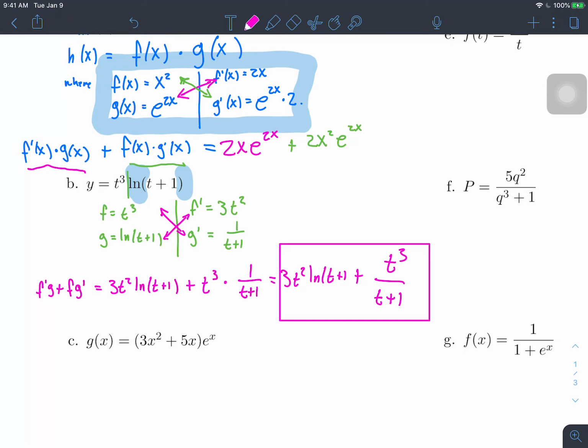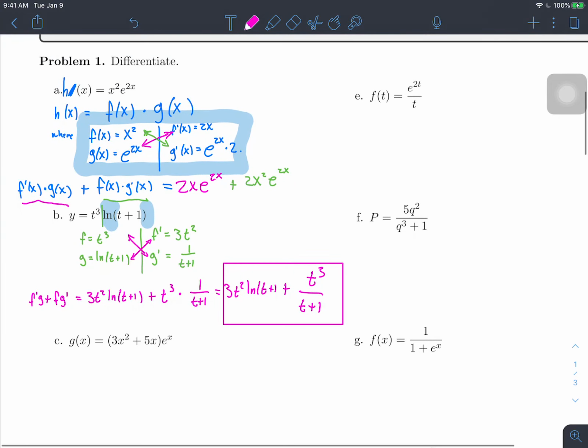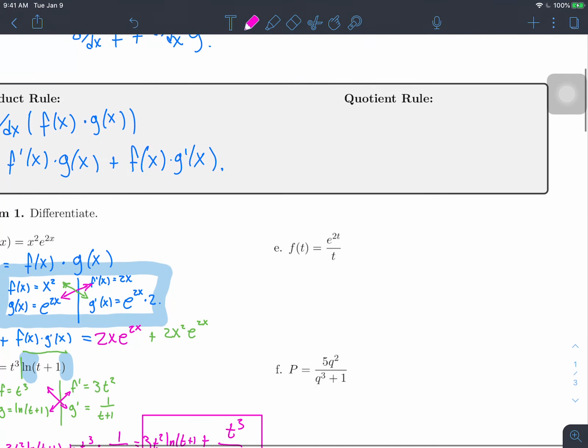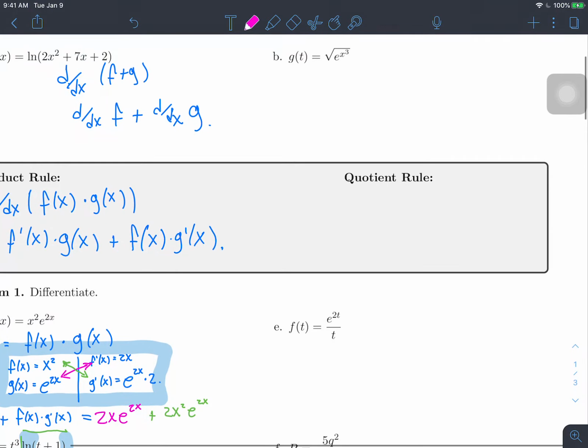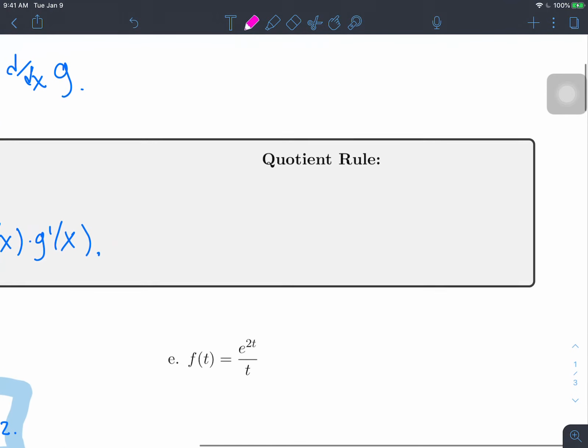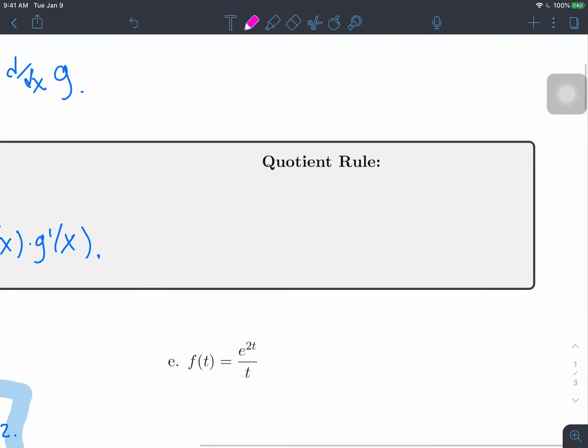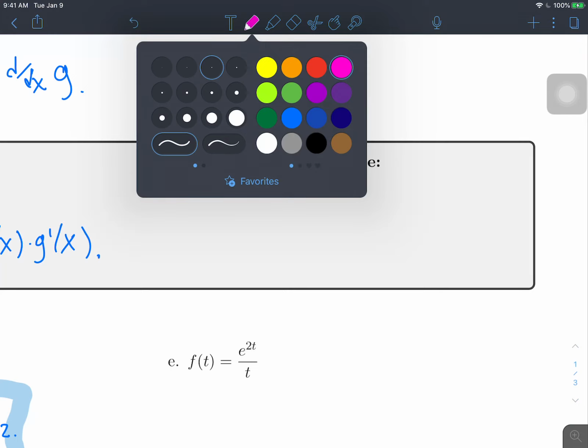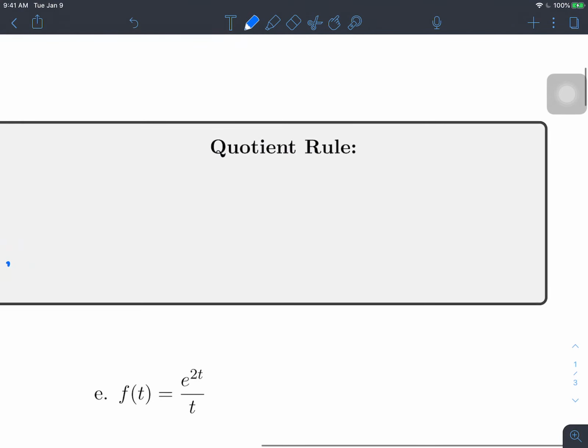Okay. So let's learn our next rule. I think this one you guys are not going to like. You might like it a little bit more than chain rule, but probably not as much as product rule. So let's learn it. The rule is how to do the derivative of one function divided by another function.